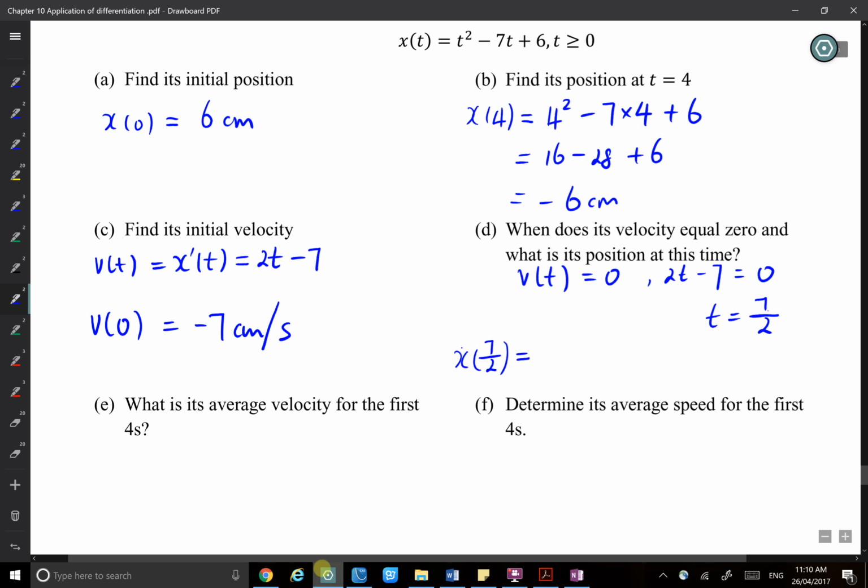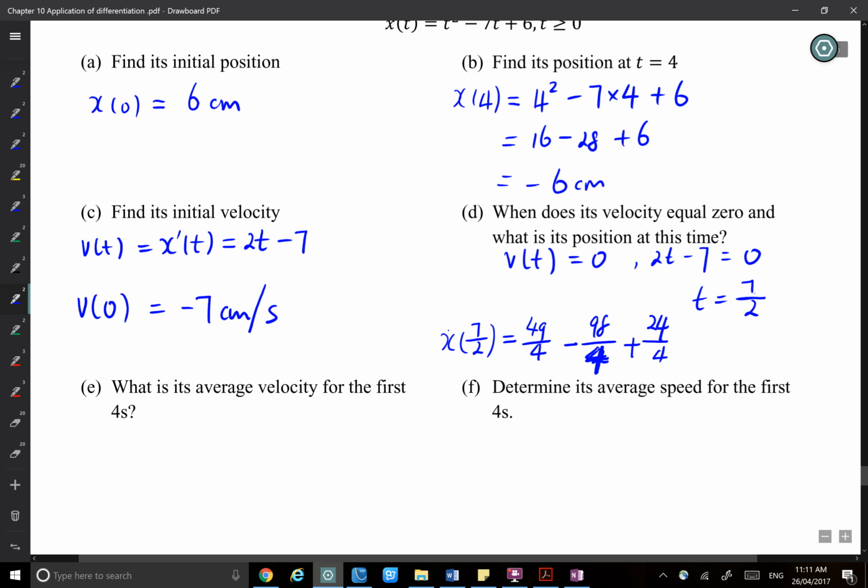Okay, 7 over 2 squared is 49 over 4, minus 7 times that is 49 over 2, plus 6. 6 is 24 over 4. Okay, so that's 98 over 4. That equals minus 25 over 4.